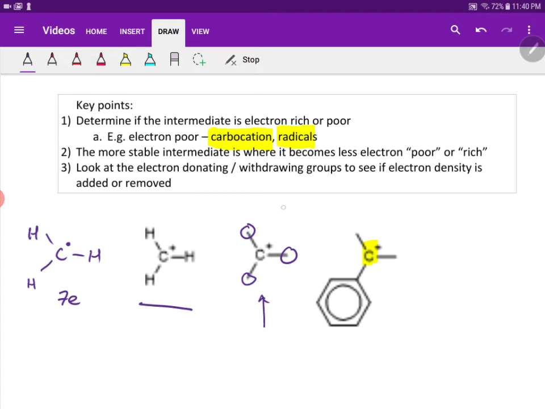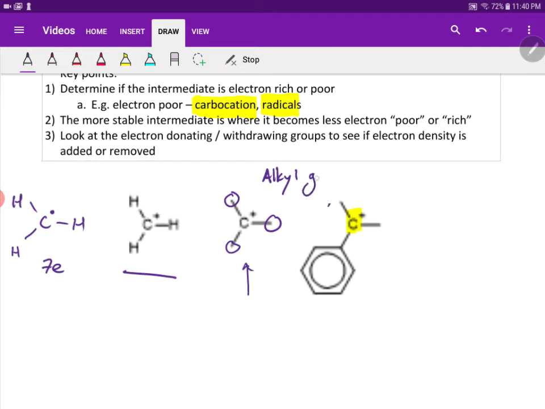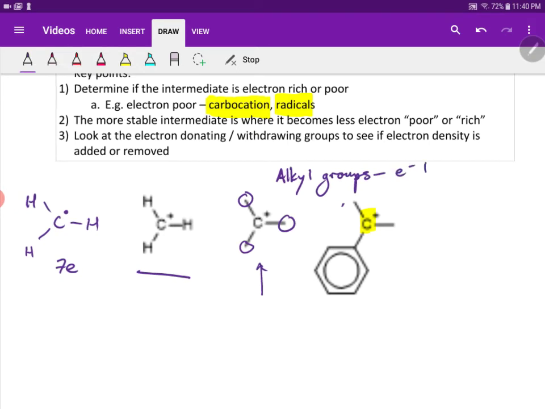We know that these alkyl groups are mildly electron donating. So since it gives electrons to this carbocation ion, it helps to disperse that positive charge, because electrons are negatively charged. So it puts electrons in.